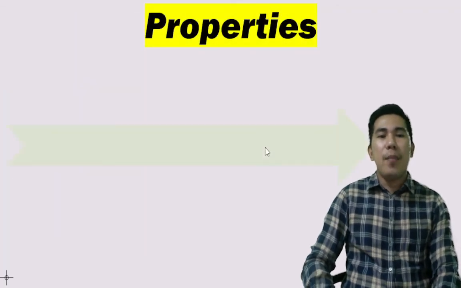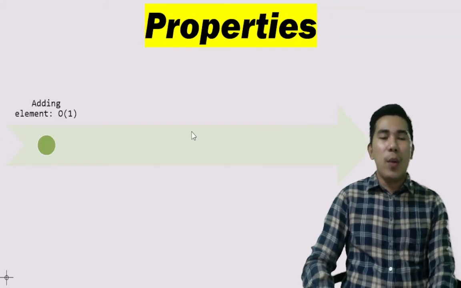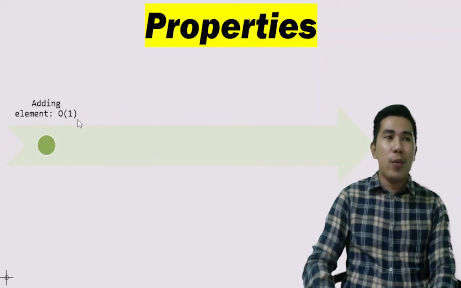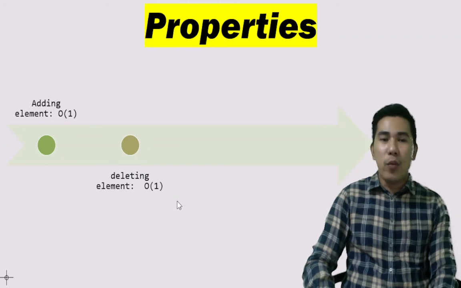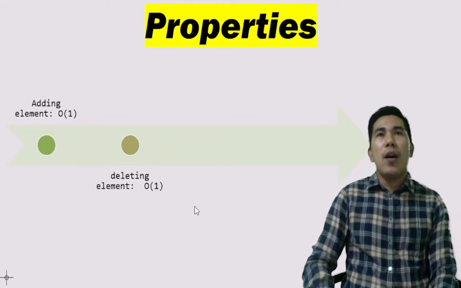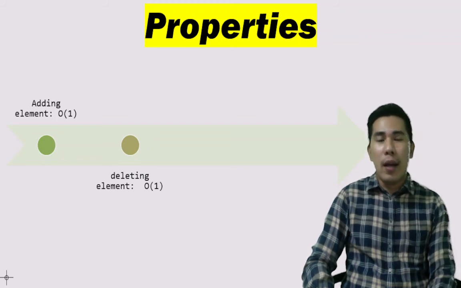And these are the properties of the stack algorithm. Number one, upon adding an element, it's going to be a constant value, big O notation, constant value one. Next, when you delete an element, it's also going to be constant, one, because again it knows where to add and it knows where to delete.